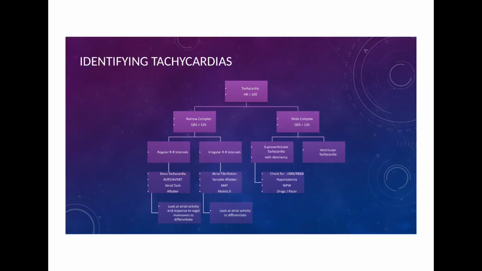On the other hand, if you looked at the ECG and you saw a wide complex rhythm, now there's 2 possibilities. One, the source could still be coming from above the ventricles.